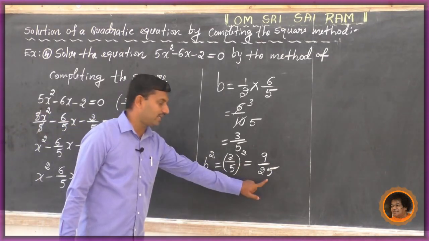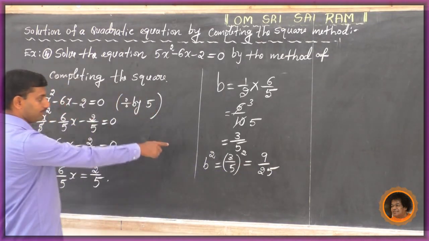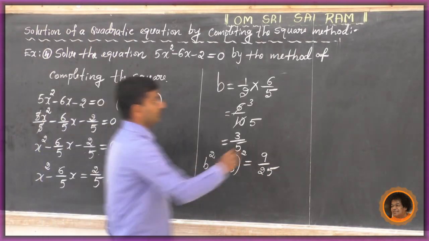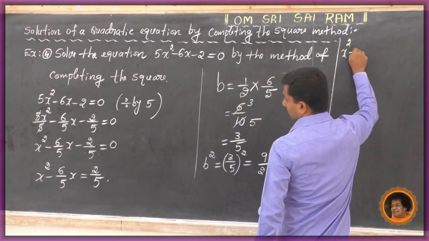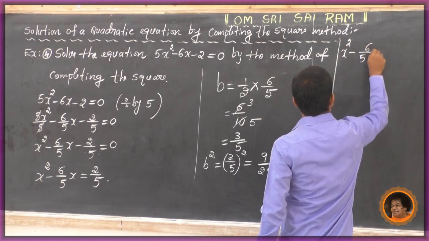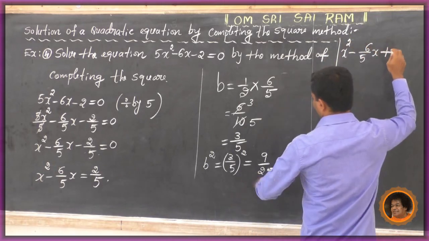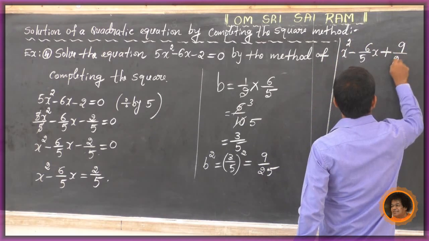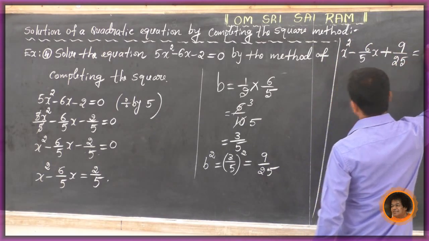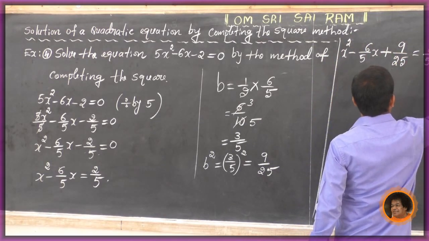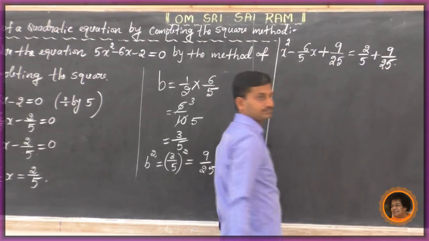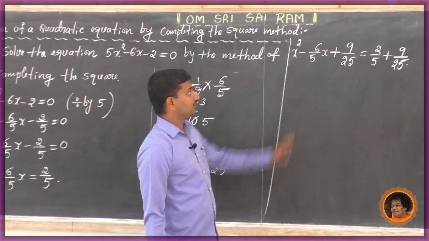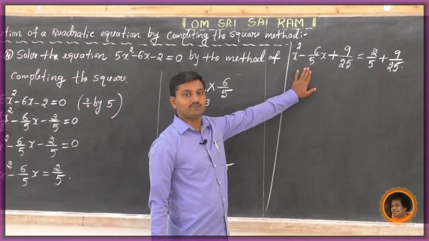Now add b² to both sides. So we get x² − (6/5)x + 9/25 = 2/5 + 9/25. Now look at the left-hand side of the equation.